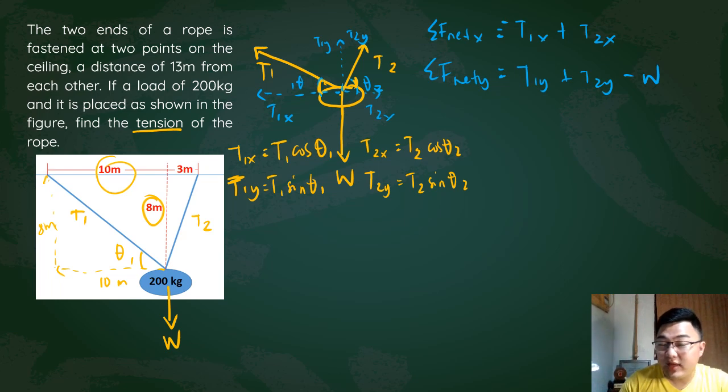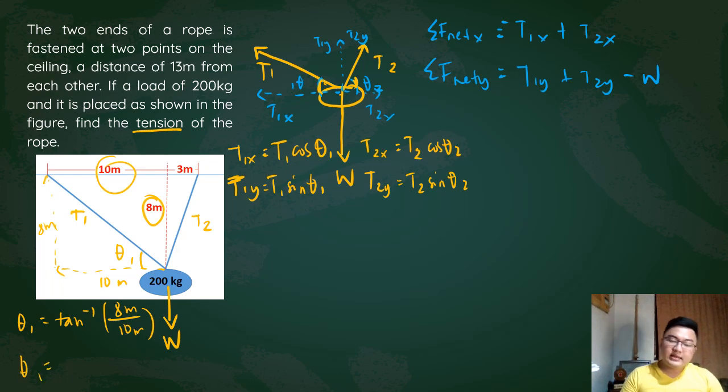If we have the adjacent and the opposite side, then we can use the tangent function. So theta 1 is the inverse tangent of opposite over adjacent, 8 meters divided by 10 meters, and that will give us a value of 38.66 degrees.